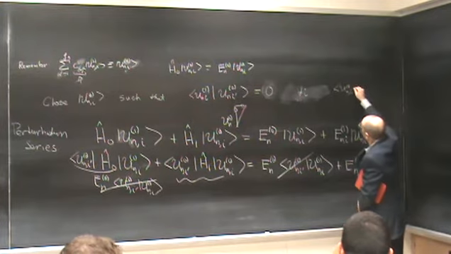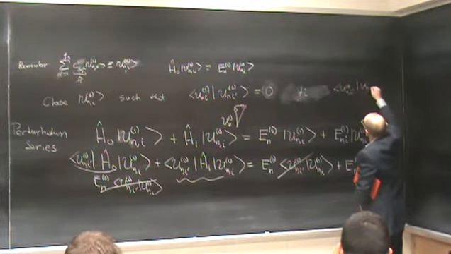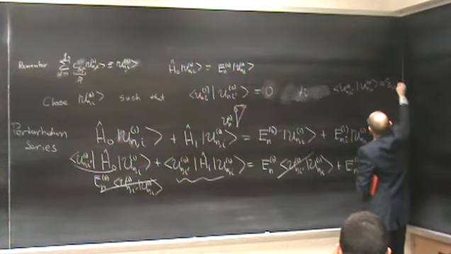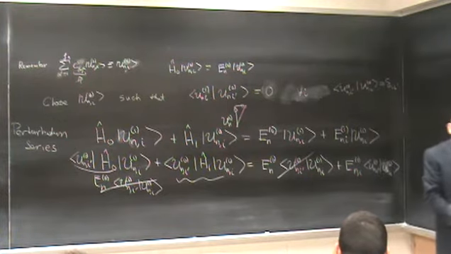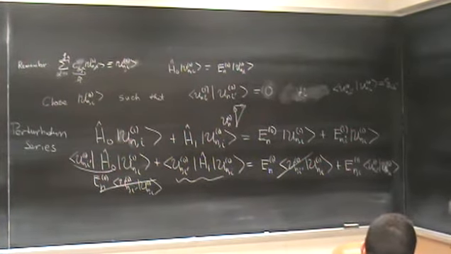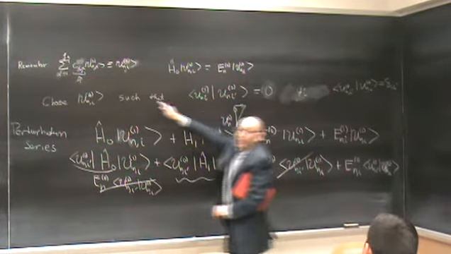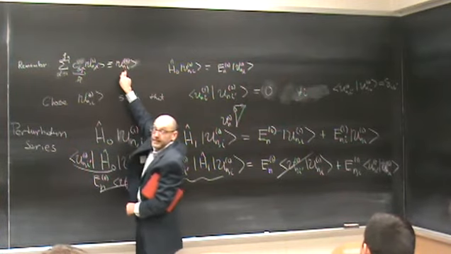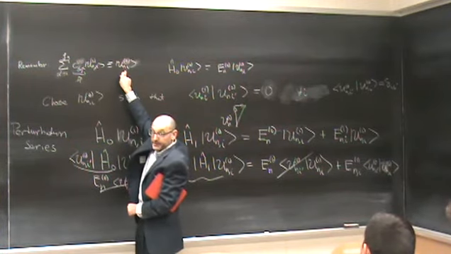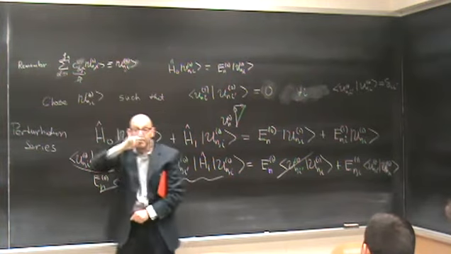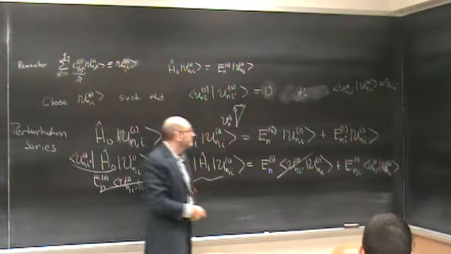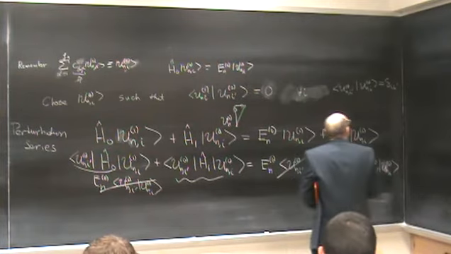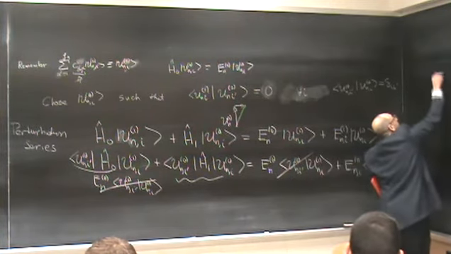So we can choose this to just be two other orthogonal states. We've just done a change of basis. These guys were an orthonormal basis in the space. We've just done a change of basis to another basis in the same degenerate subspace. And so what we end up with is the following.